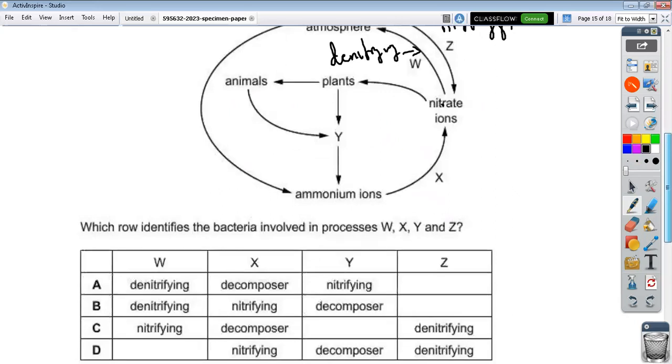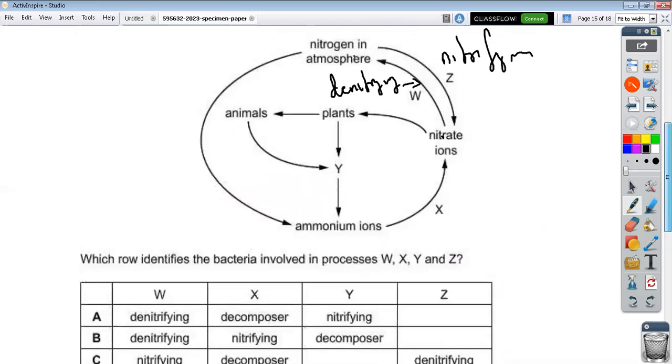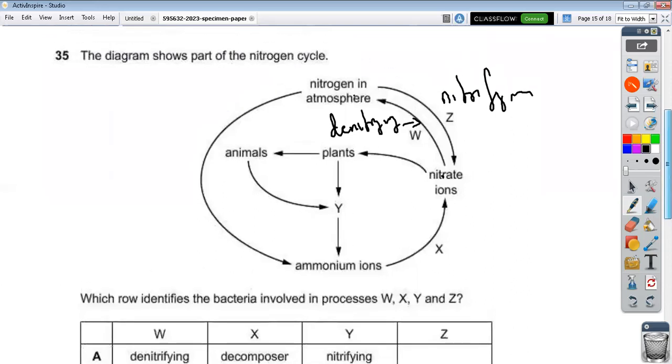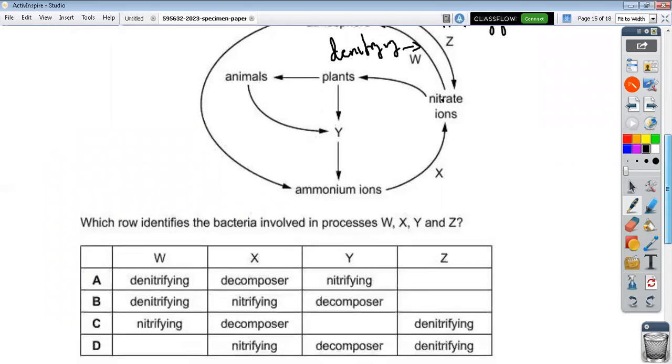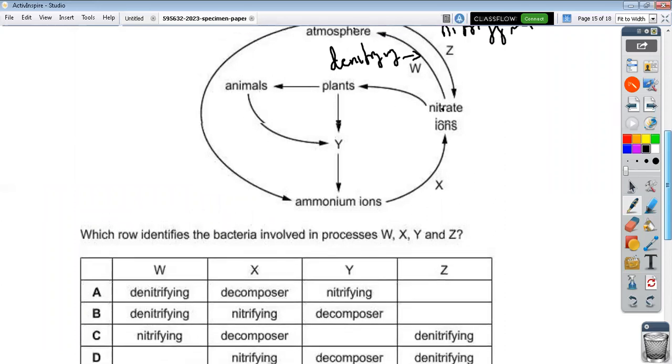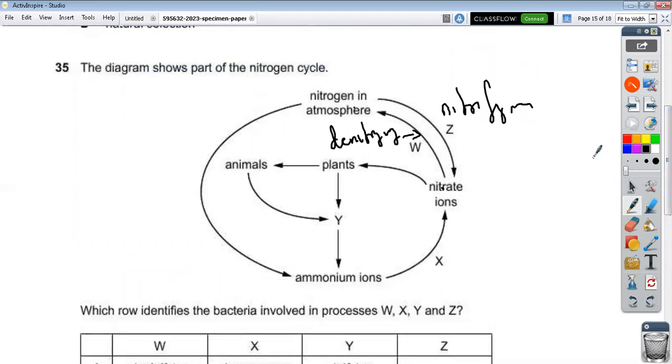Then Y, what's happening to Y? Plants, ammonium. It's the decomposer. Decomposer, that's correct.